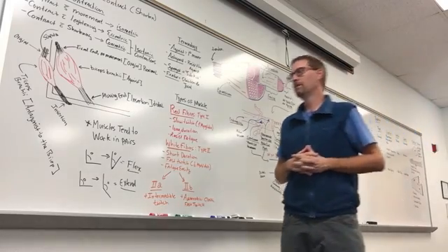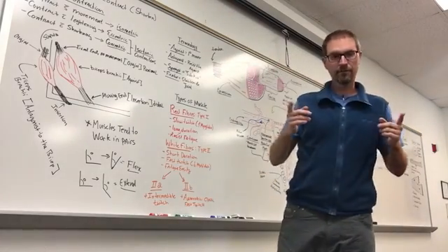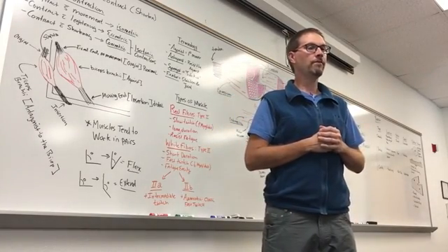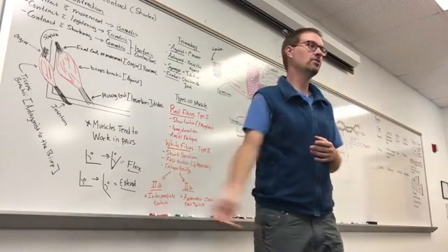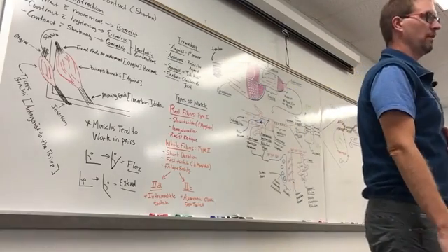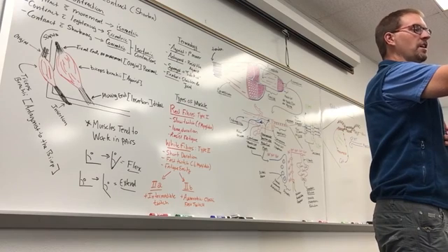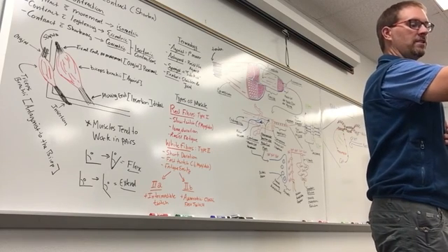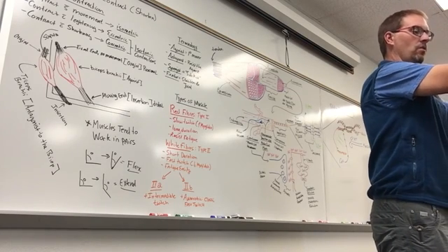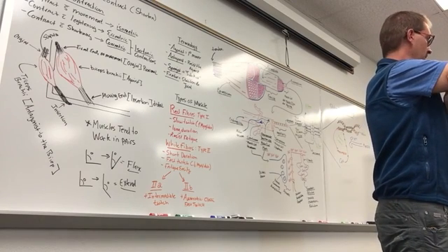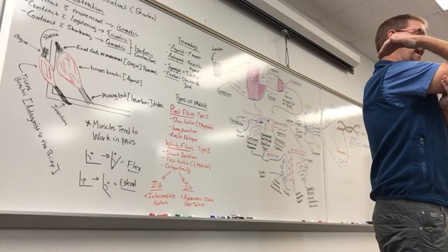Now, you guys remember the difference between flexion and extension, right? Flexion has to do with what? What are we doing when we flex? Decreasing the angle. When I flex my forearm, the angle between here and here is about 180, and then when I flex it, that angle decreases.